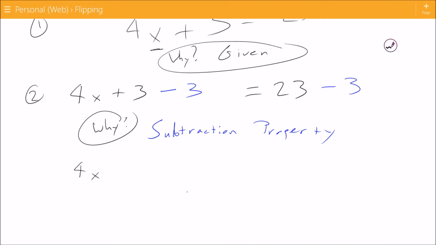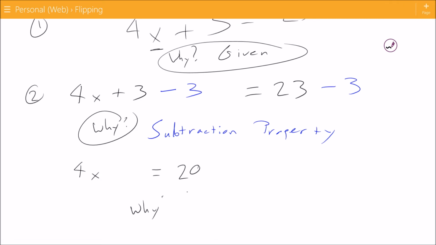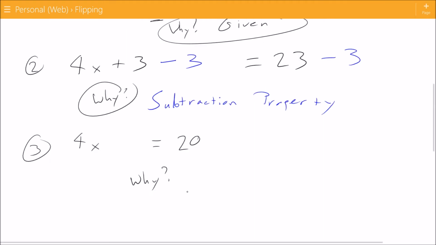Now for my next step, I would say that 4x is equal to 20, right? Why am I able to do this? Well, that's the other question that we should be asking ourselves, because this is actually my third step here. Why? Well, the substitution property allows us to say this.